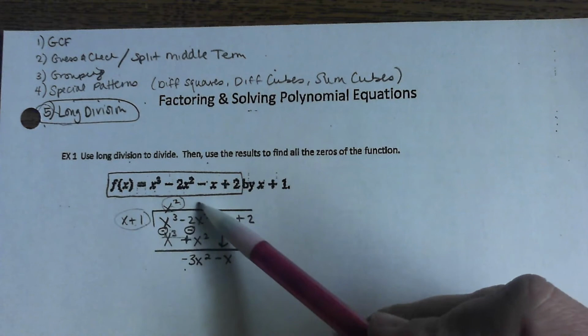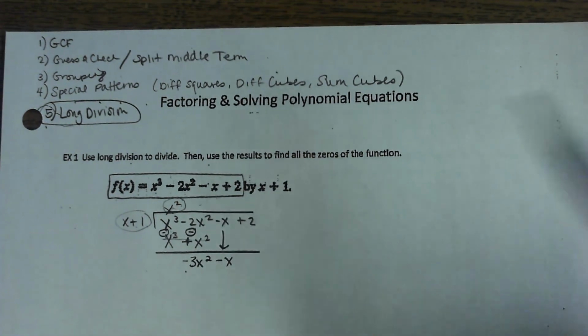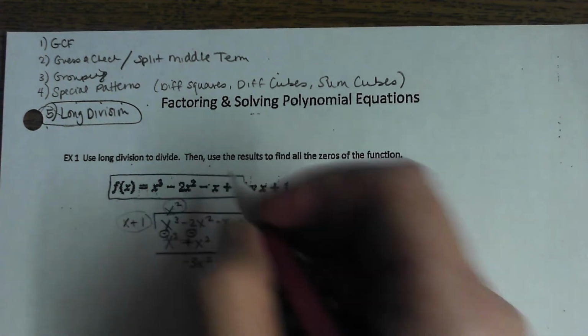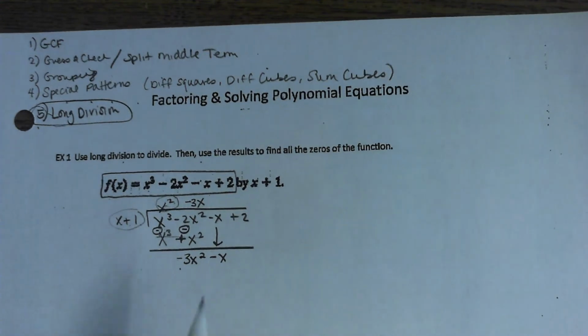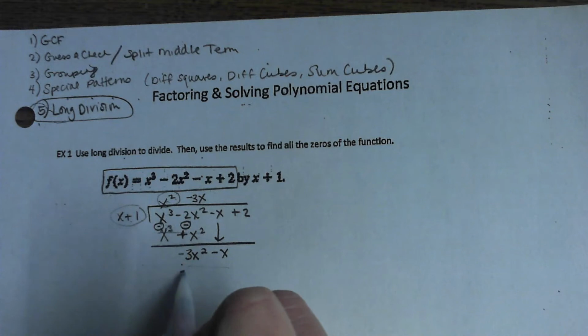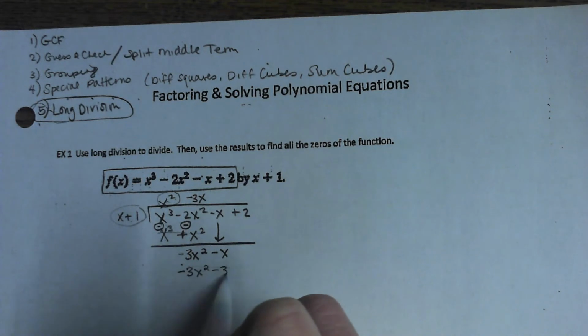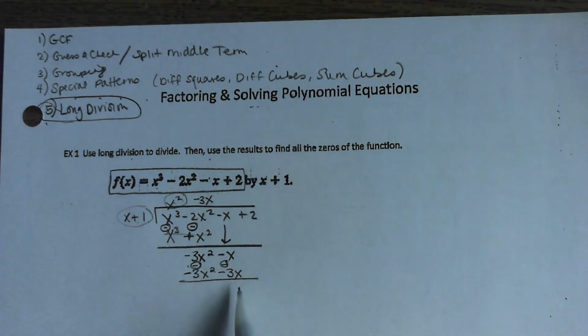Morgan, what goes up here next? Very good. Sierra with an S, what lines up underneath here? Good. Do my subtraction. What do I get, Owen?